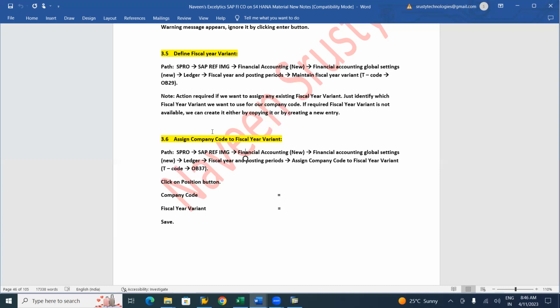Is this clear? In non-year dependent, it automatically updates. We need not mention every year. If 2023 is done once, then automatically it will take 2024.